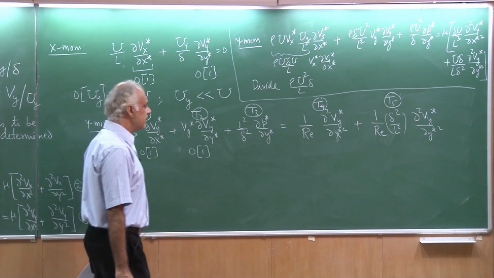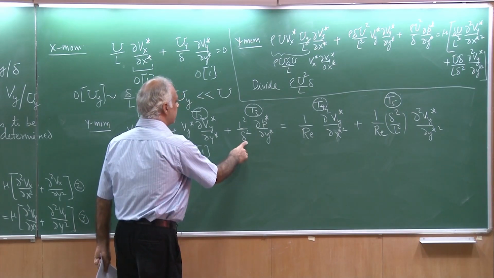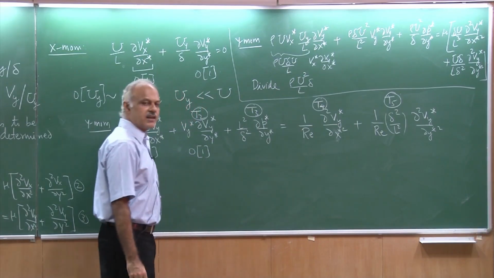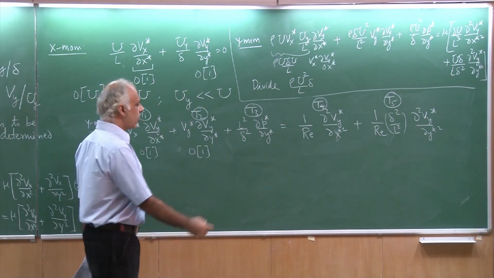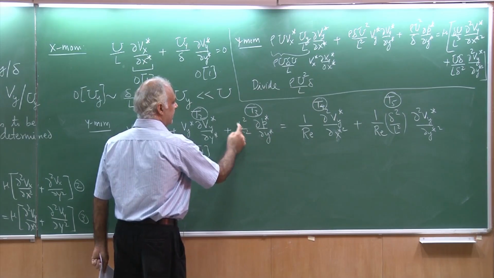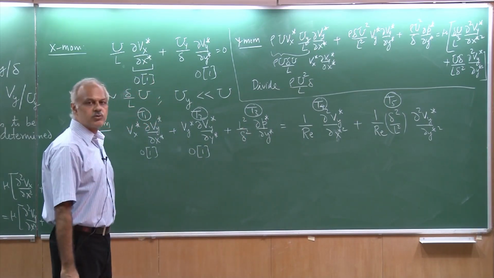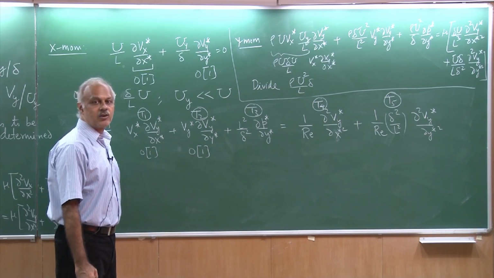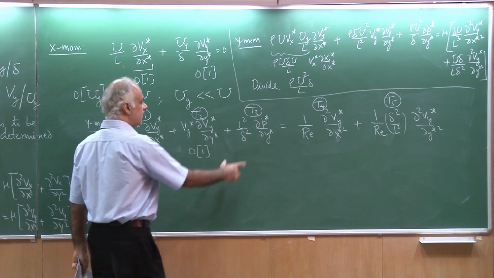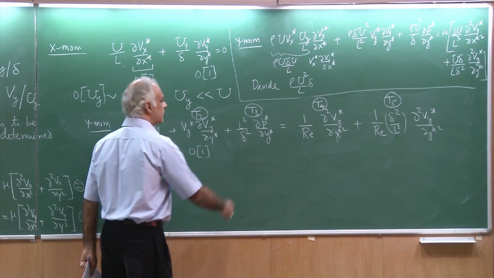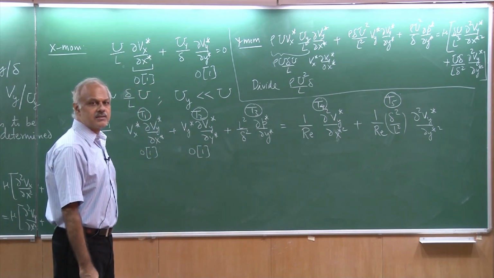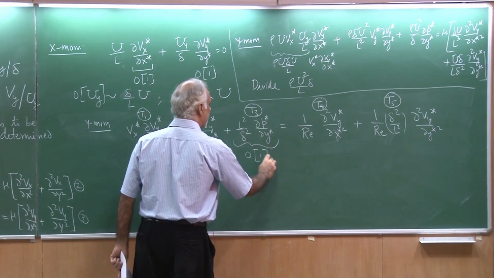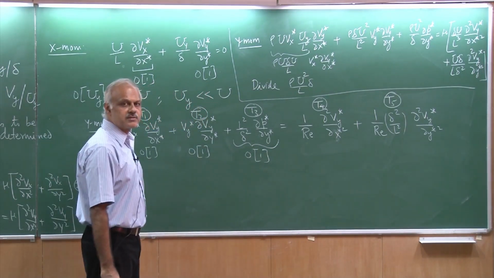I already know that this term over here, del P star by del y star, if it is of the order of 1, then the coefficient L square by delta square is very large, and this would become extremely large. That cannot happen. So this term has to be maximum of the order of 1. So this entire term has to be of the order of 1 at the most.